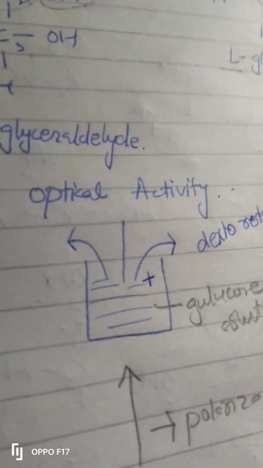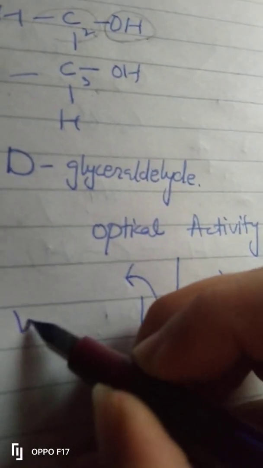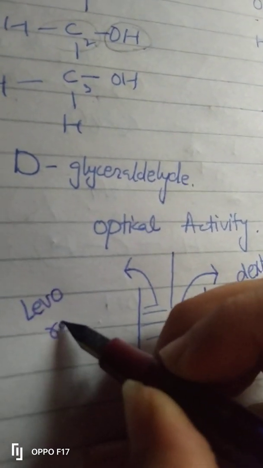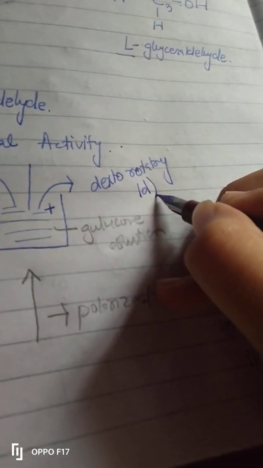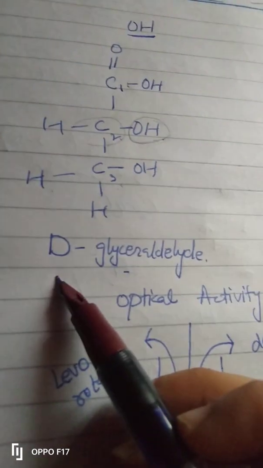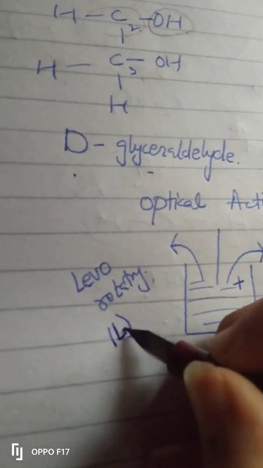But if the light moves to the left side, we call it levorotatory. Please don't match dextro with right one and levo with left one. These are entirely different things. We show this with small d, whereas we were showing the other with capital D. And this is small l.